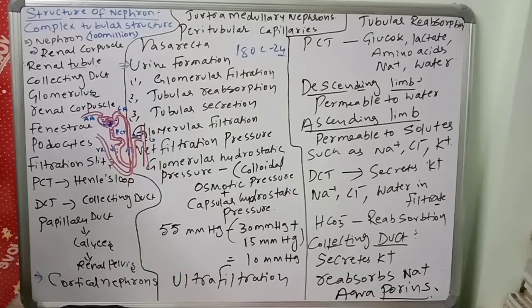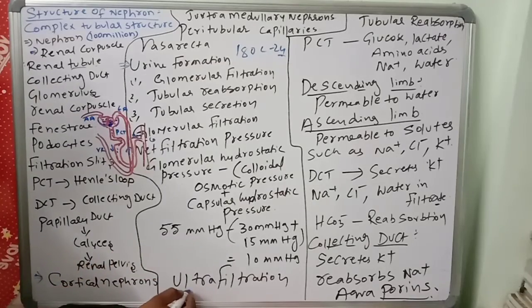That is important. The effective glomerular pressure of 10 mmHg results in ultrafiltration. The glomerular filtration rate is approximately 120 to 125 milliliters per minute. This is very important.